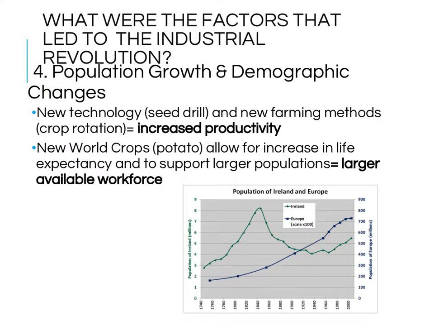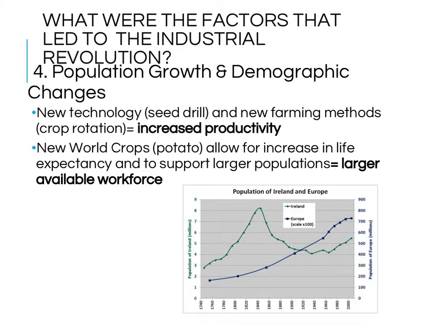They also experimented with new farming methods like crop rotation. And so all of these new things meant that agricultural production was increased. So they could grow more food with the same amount of land. We also know that New World crops such as the potato were already increasing populations in Europe.